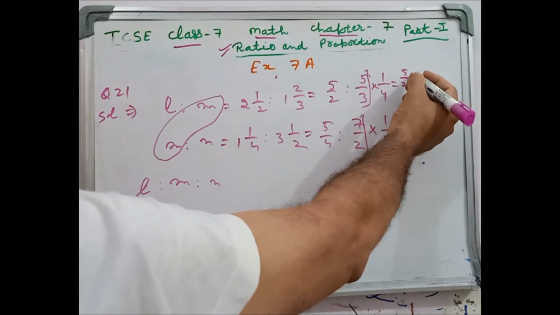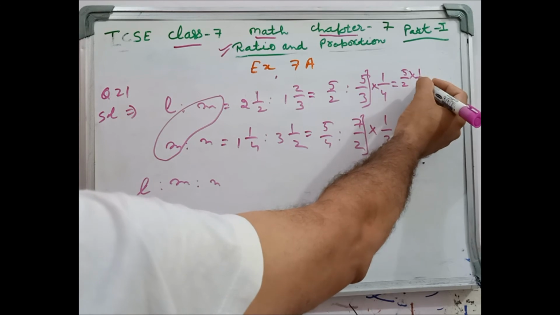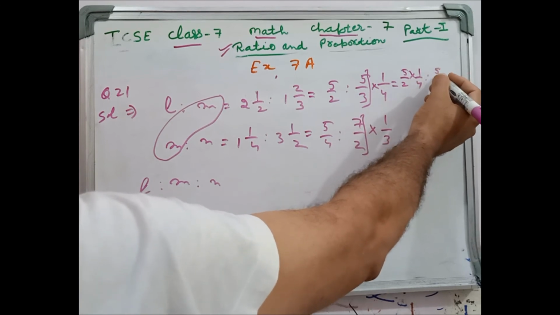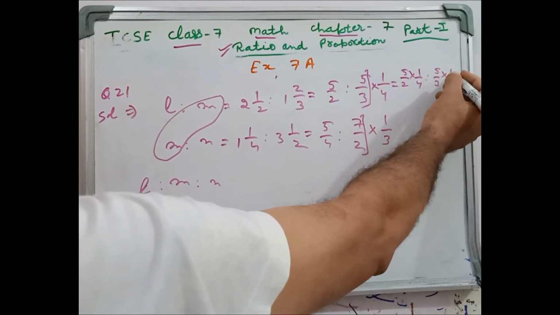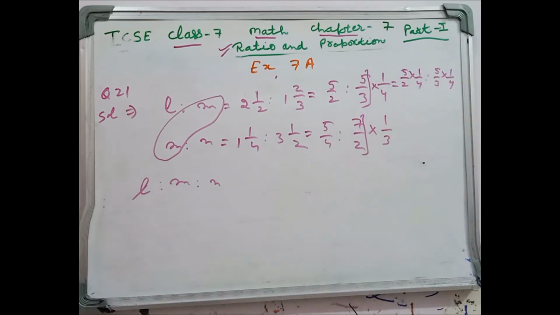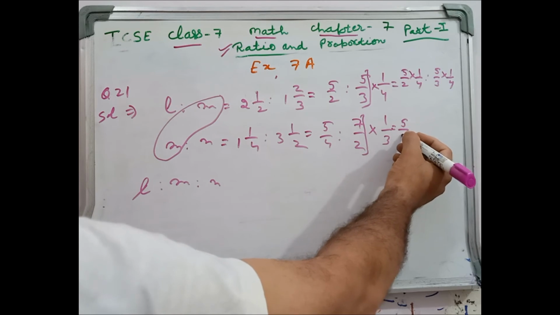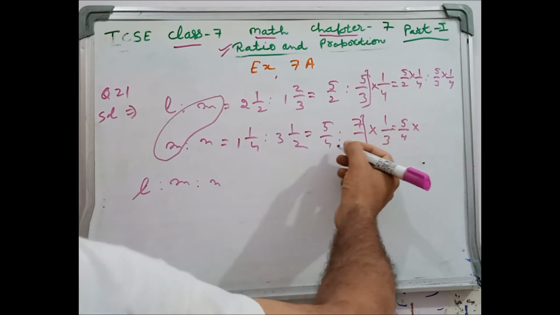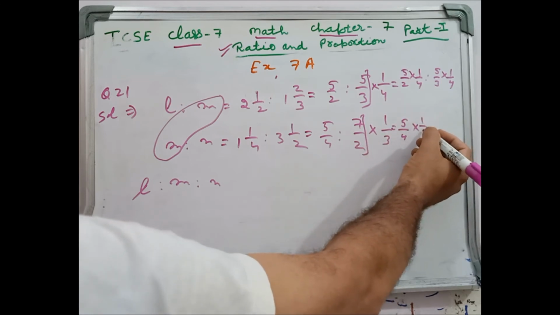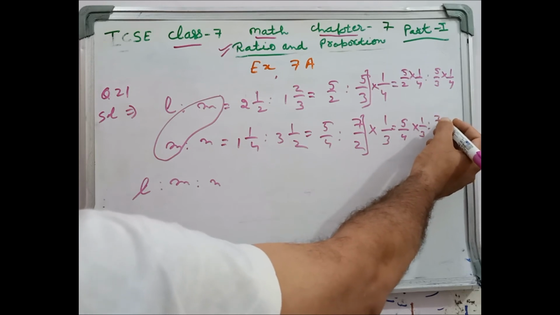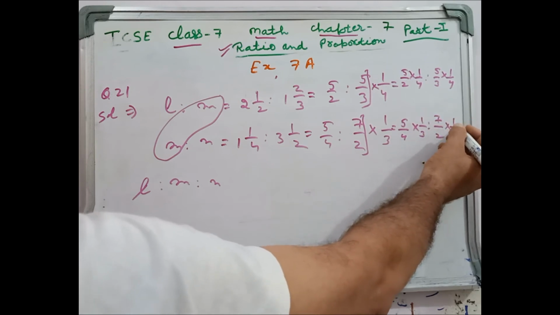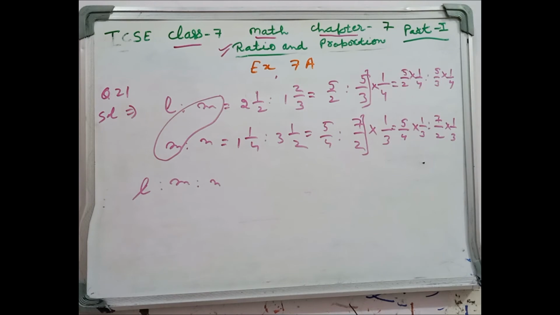So 5 by 2 multiplied by 1 by 4 ratio 5 by 3 multiplied by 1 by 4. In the same way, 5 by 4 multiplied by 1 by 3 ratio 7 by 2 multiplied by 1 by 3.